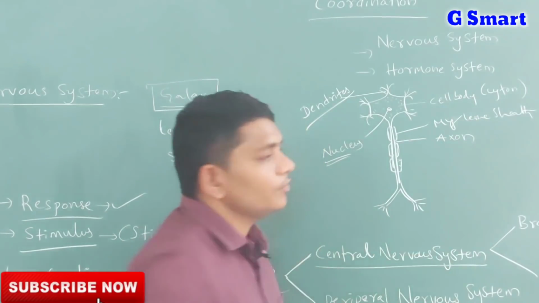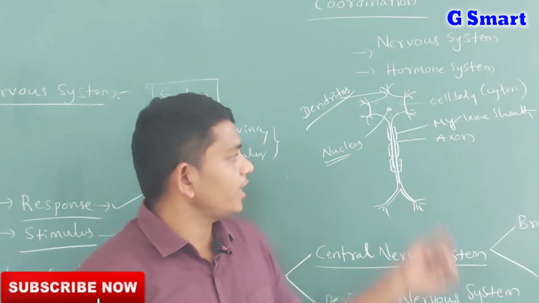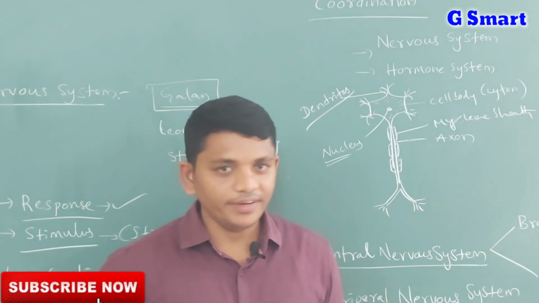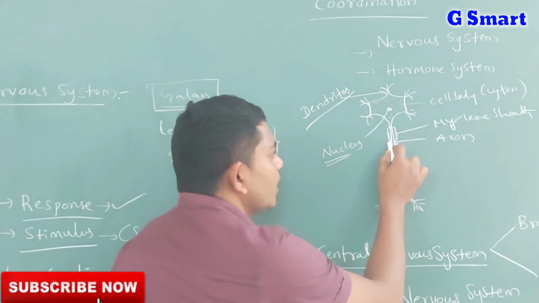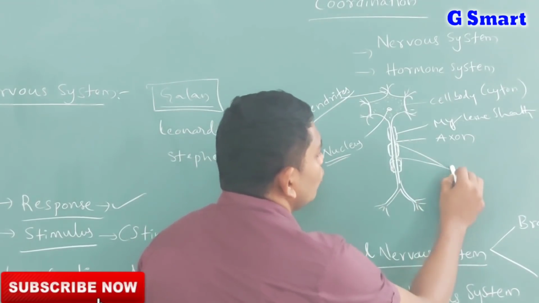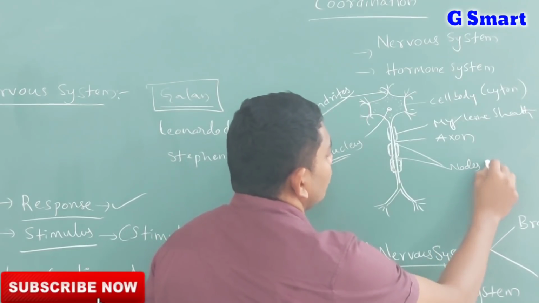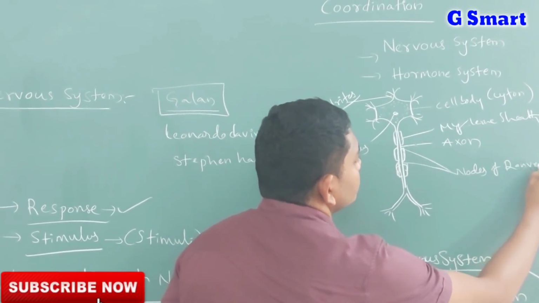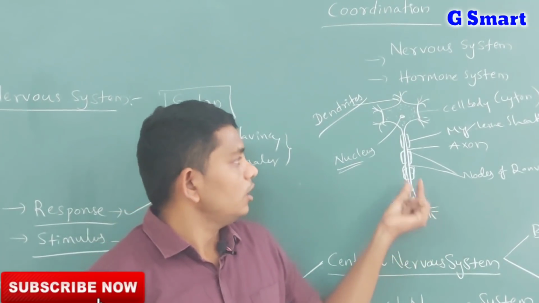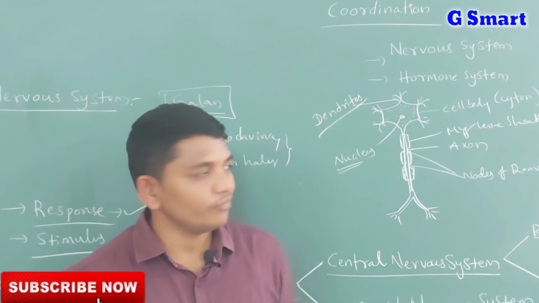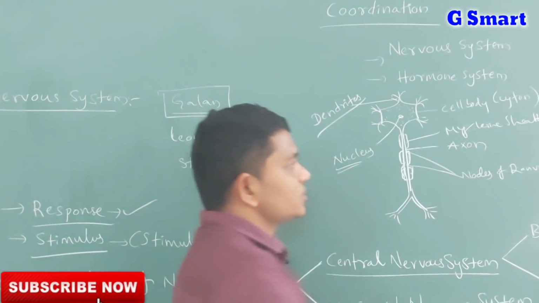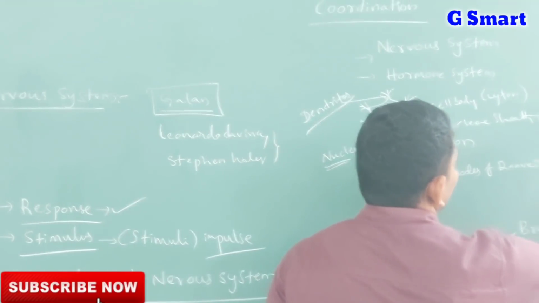This myelin sheath is white in color. That is why the axon of the nerve cell is always white in color. Some gaps are there in the myelin sheath. These gaps are called nodes of Ranvier. The myelin sheath is made up of Schwann cells.